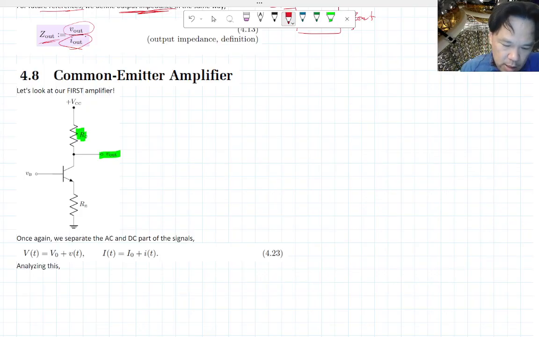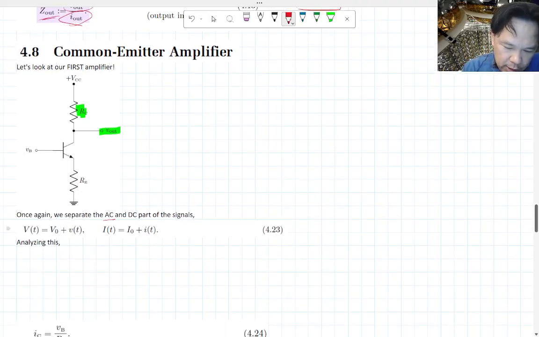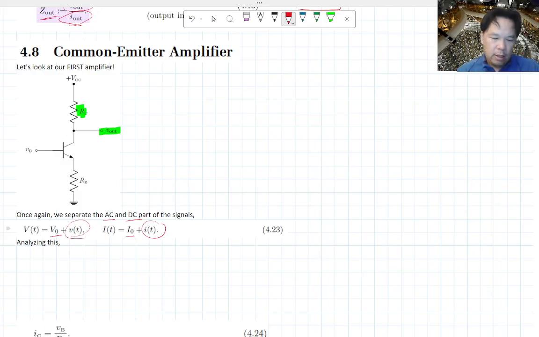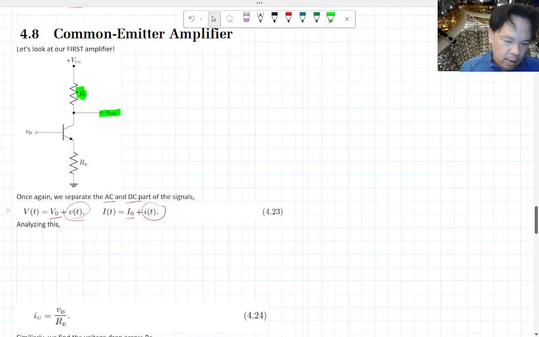Once again, we're going to separate the AC and the DC part of the signal into the constant DC, and all we care about is the AC part.